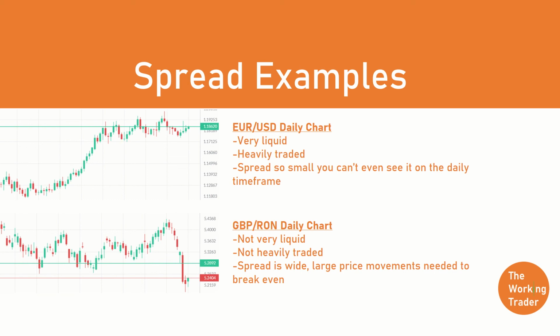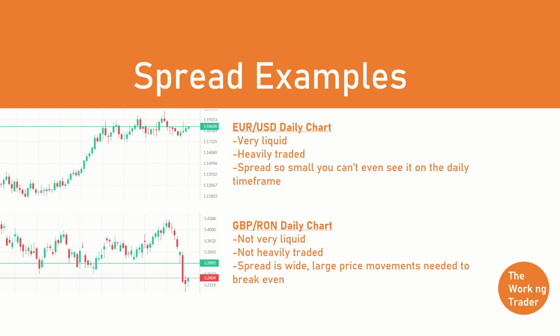So as you can see on the chart here, we've got the buy and the sell price, the buy in green and the sell in red, but they're actually so close together on the daily chart that you can't actually see it. The red is behind the green. So the amount the currency pair would have to move for you to break even, if it went in the direction you wanted it to go, is really small.